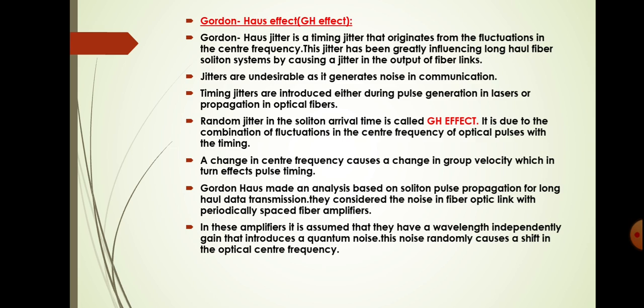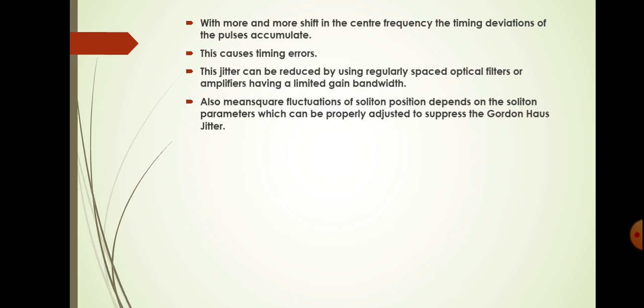That is, the analysis of this Gordon-Hess effect is made through the optical link with the help of amplifiers. That means in the link there will be different amplifiers placed. In these amplifiers, it is assumed that they have a wavelength independent gain, and that introduces a quantum noise in the communication system.